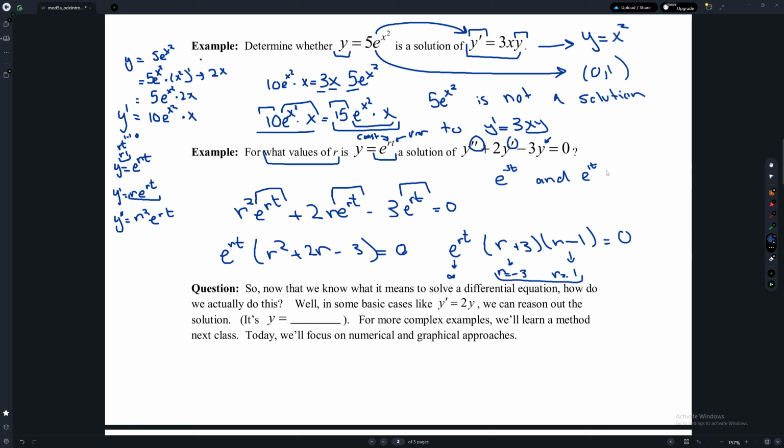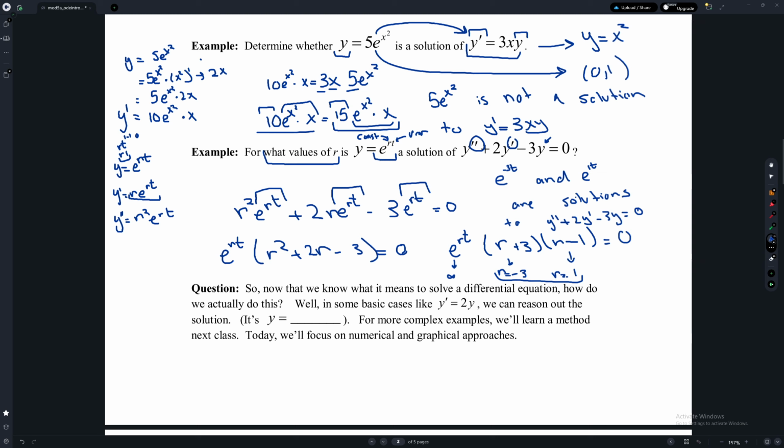You don't have to write the 1, but I just wrote it so you guys can see it. Now we found the 2 values. These 2 equations are solutions to our second order plus 2y first order minus 3y equals 0. All right, and that's that for this.